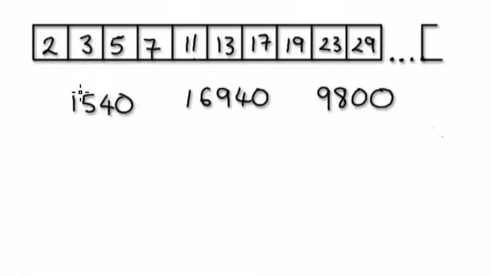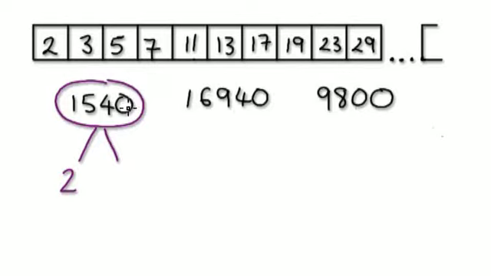Okay, so let's try to break up this number as a product of primes. Yes, we could divide by 2 because it's even, but let's divide by 10. It will make our life easier. So visualize this number as 10 times 154. Now, I can break up the 10 as a 2 and a 5.